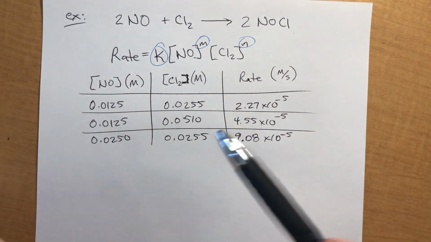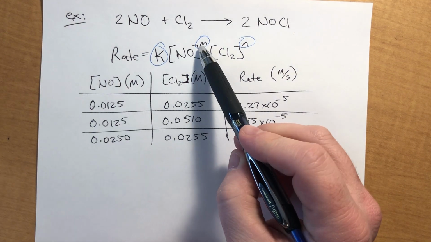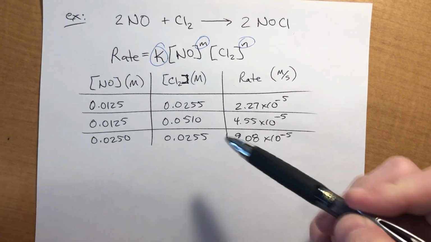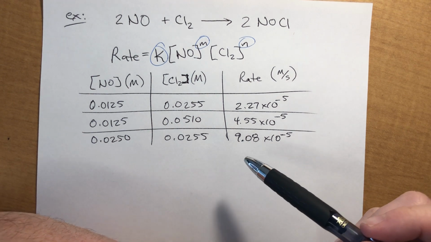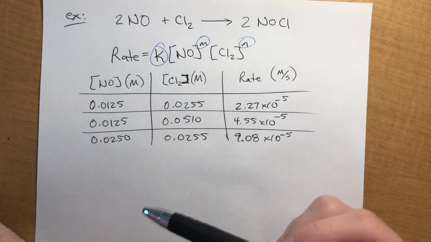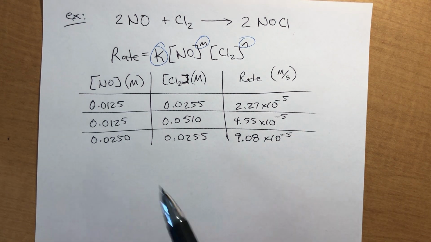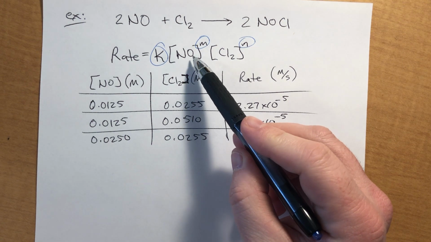Does it quadruple? Does it go up by a factor of 8? Does it not change at all? Because these have to be nice whole numbers, if the concentration doubles, the rate is going to go up by a nice even factor. So like 2 to the 1, or 2 to the 2, or 2 to the 4, or 2 to the 3, or whatever, okay?